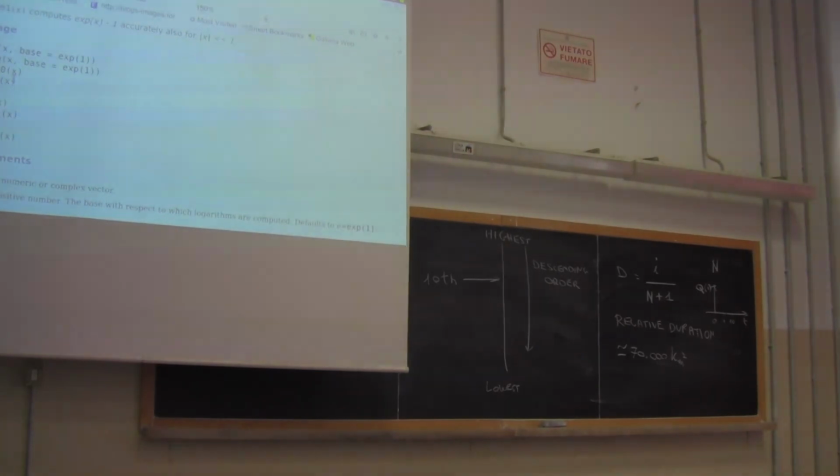So let's look here. Log x. X is the number I want to compute the logarithm of. And then there is a second argument. You see the comma. Base equal exponential 1. What is exponential 1? It is e. So I understand that there is an argument that gives the function the base.